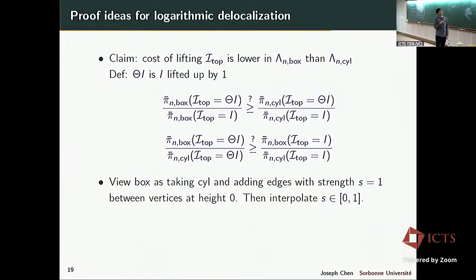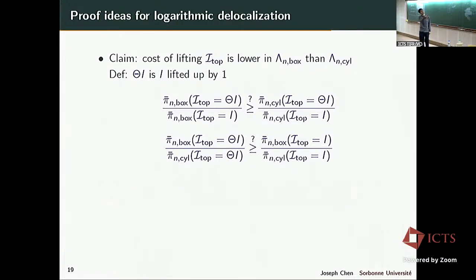And this is nice because you can view this box domain as just taking the cylinder graph and, well, before that, I should say that for reasons I'll discuss later, it's important right now that we move to the random cluster interface and work with that instead of the class interface.